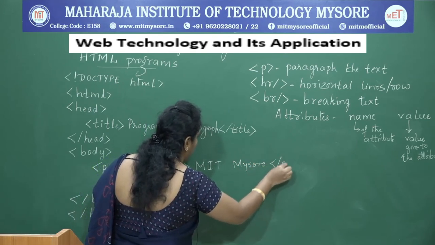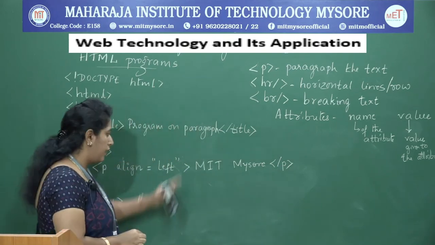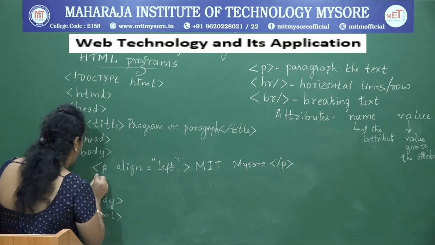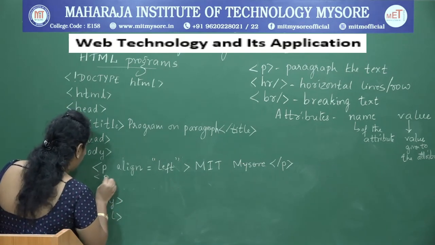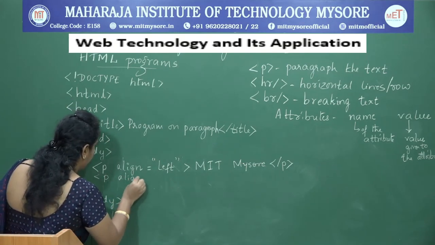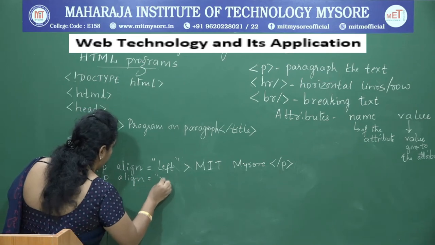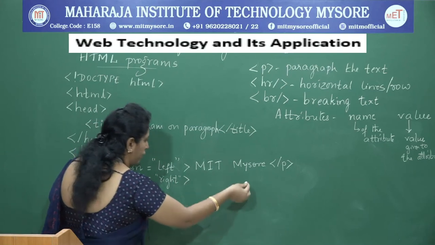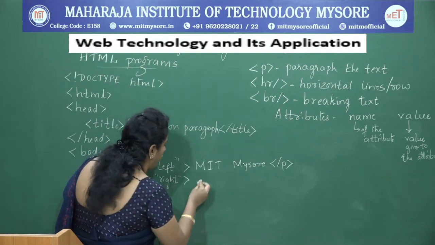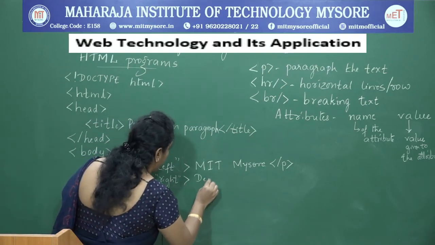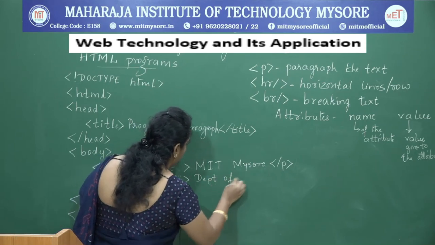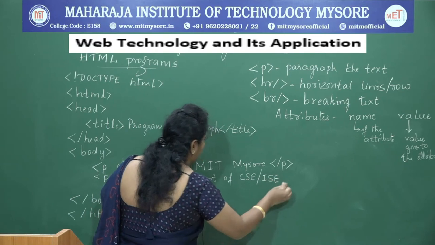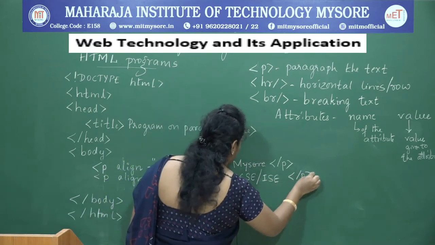Now close the tag. At the same time I will use a few more values for the align attribute, that is align right. MIT Mysore. On the right, the message is Department of CSE, ISE.